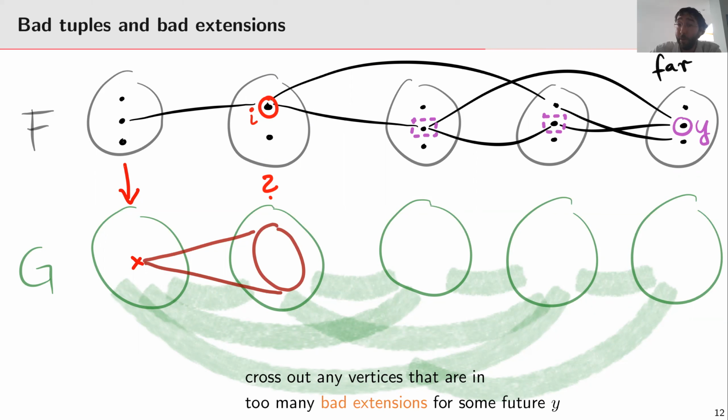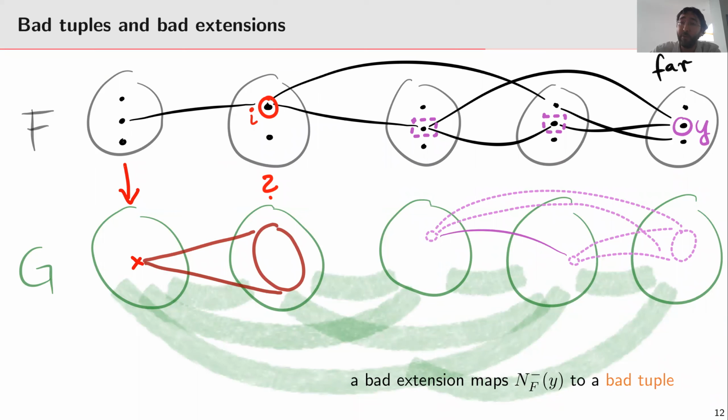Messing up my ability to put in Y means I'm worried that these 2 vertices will be put to some edge here, which has few common neighbors over here. When I put these 2 vertices, I will put them to some edge. I will say this edge is bad if the common neighborhood here is too small.